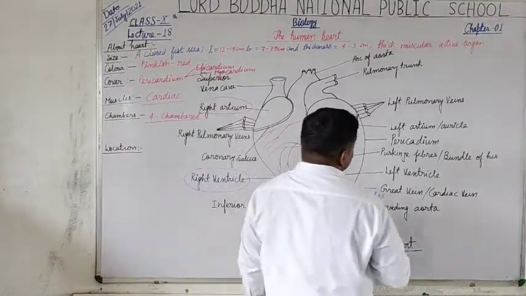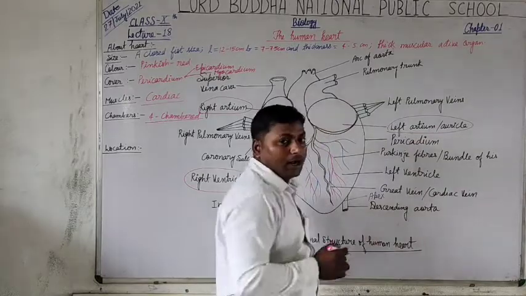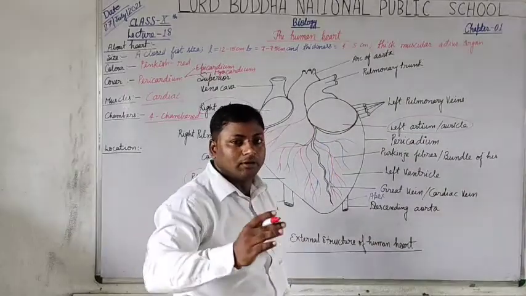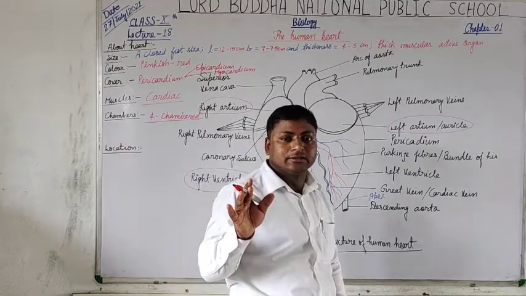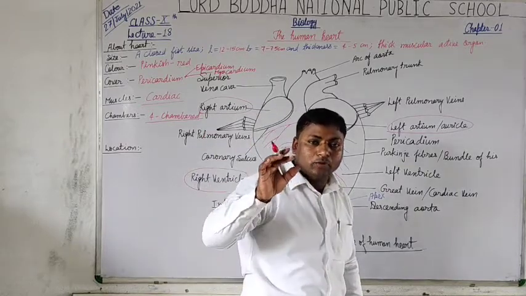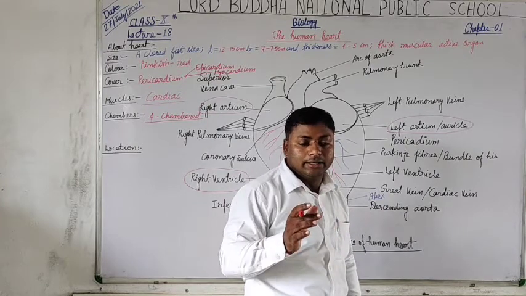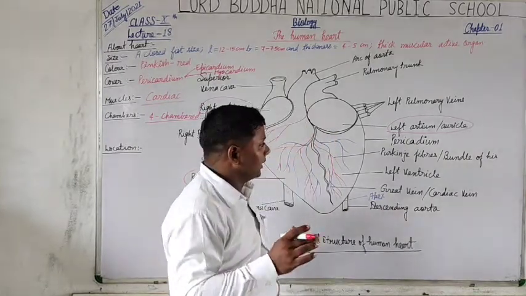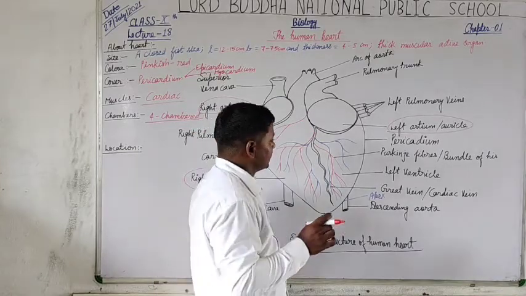Likewise, left atrium. Atrium is also called auricle, students. There is no difference in the pronunciation and the meaning. Atrium and auricle are both synonyms. Is that clear?